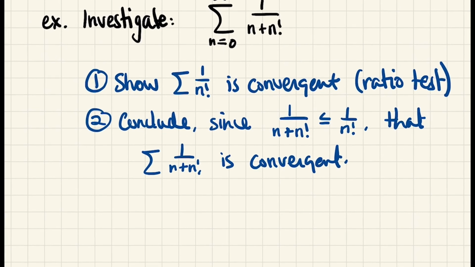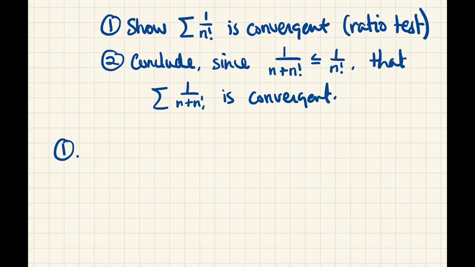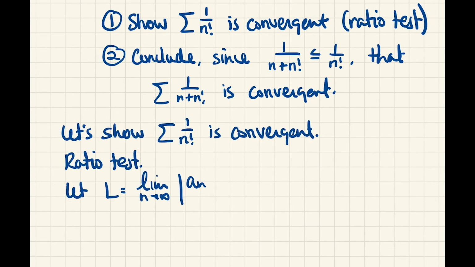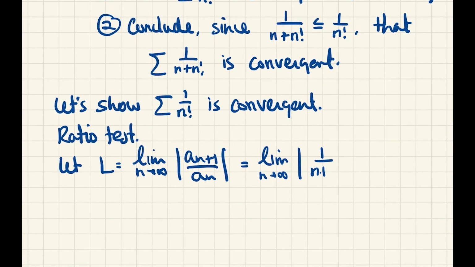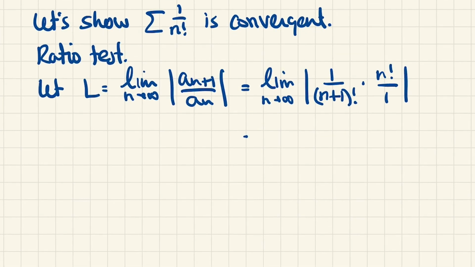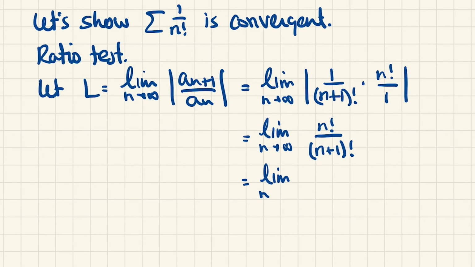All right, so let's do step 1 here. a_{n+1} would be 1 over (n+1) factorial multiplied by the reciprocal of a_n. So we have n factorial over (n+1) factorial. We don't need the absolute values, of course. And we have a little factorial battle here, which resolves to this.